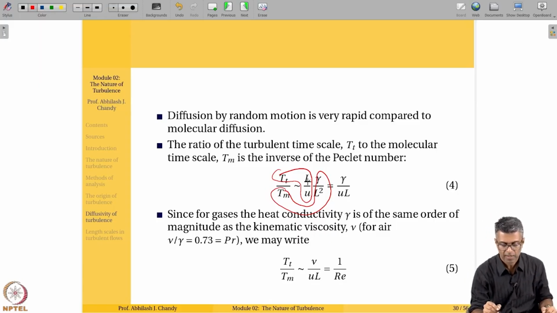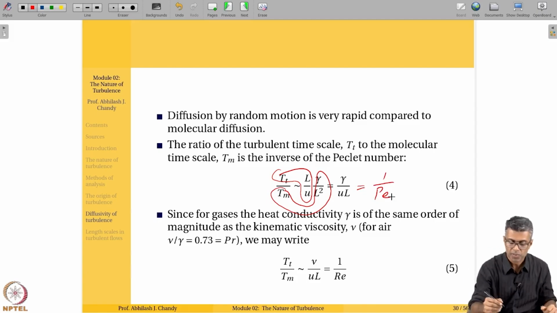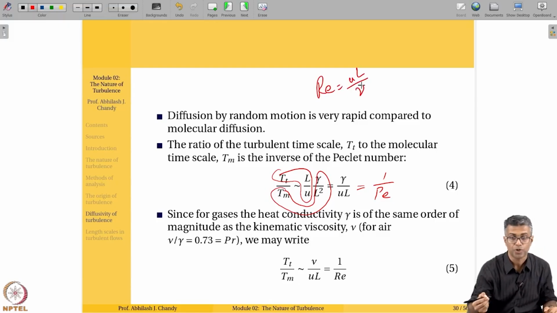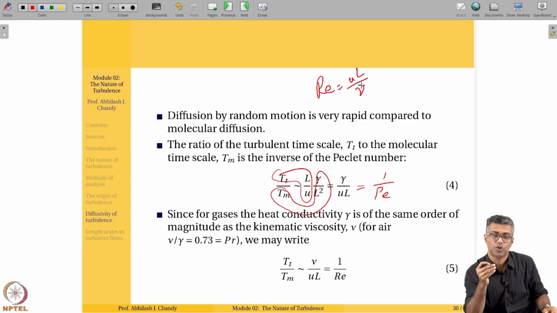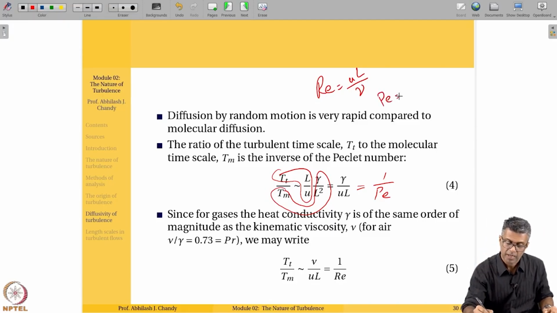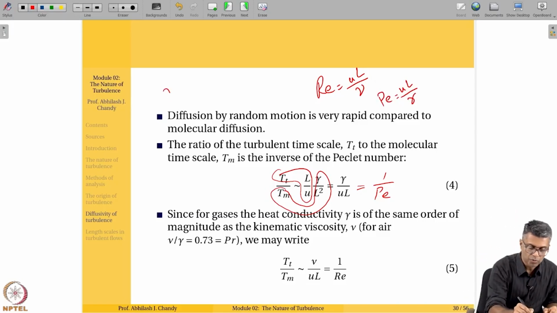If you take the ratio of the two, Tt over Tm, one of the L's gets cancelled out and you get something like gamma over UL. This is 1 over Peclet number, because Peclet number is UL over gamma. Just like Reynolds number is UL over nu, where nu is the kinematic viscosity or momentum diffusivity. Peclet number is UL over gamma, where gamma is the thermal diffusivity.